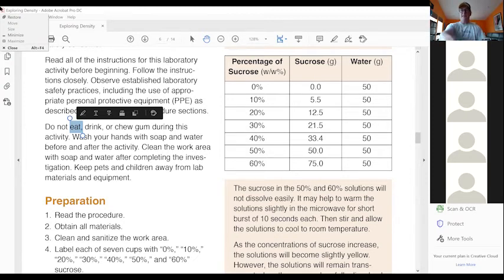So when you see, why don't we put 5 grams of sucrose in 50 grams of water to make a 10% solution?